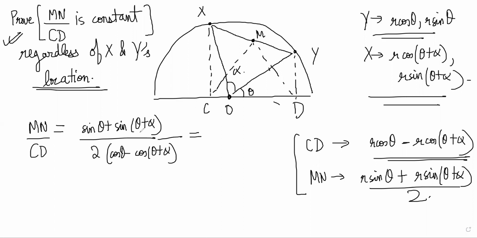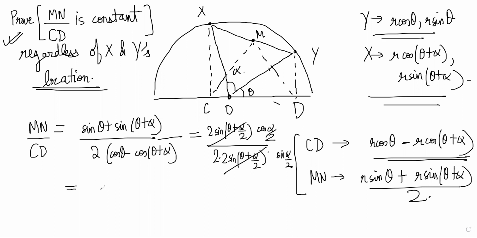This part, if you simplify this, this becomes 2 sin((theta plus alpha) by 2) cos(alpha by 2) divided by 2 into 2 sin((theta plus alpha) by 2) and sin(alpha by 2). This part gets cancelled, and you are ending up with cot(alpha by 2) by 2. MN by CD is coming out to be this.